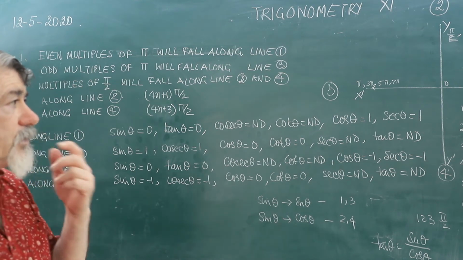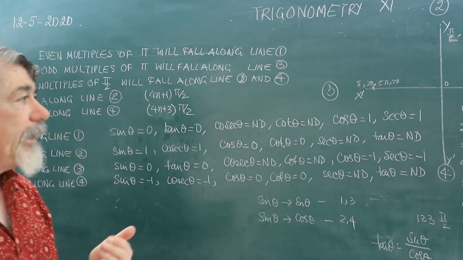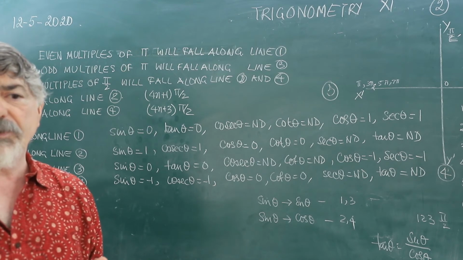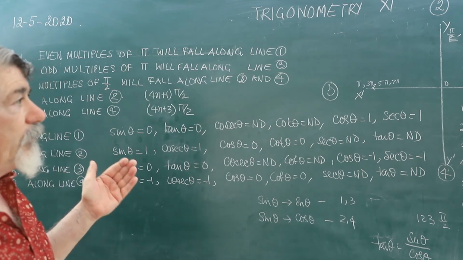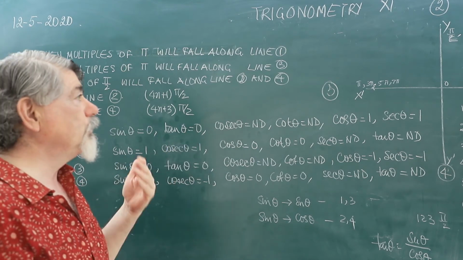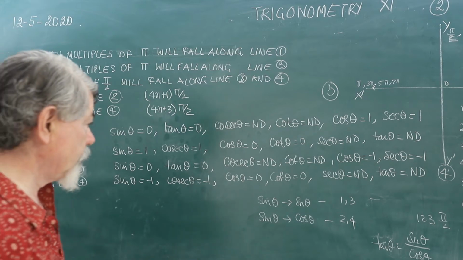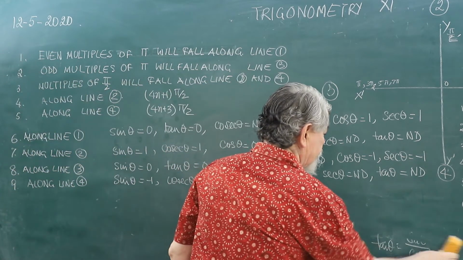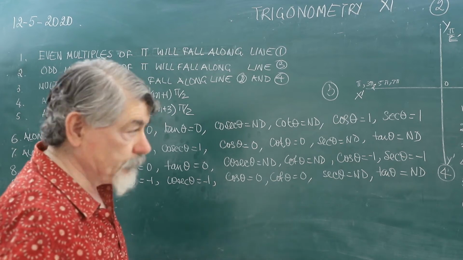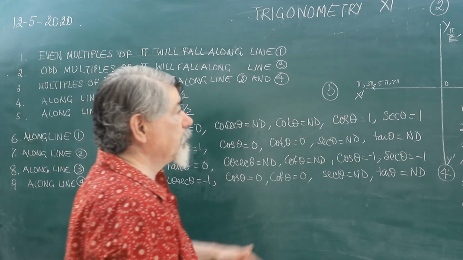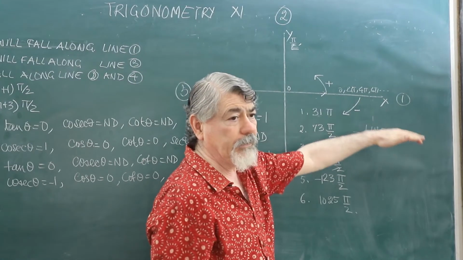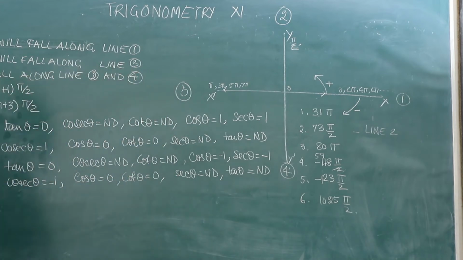Now we have given you certain values and we have to find out along which line they fall. They will fall along line 1, line 2, line 3, or line 4. Let us see. We said along line 1 we have even multiples of pi.